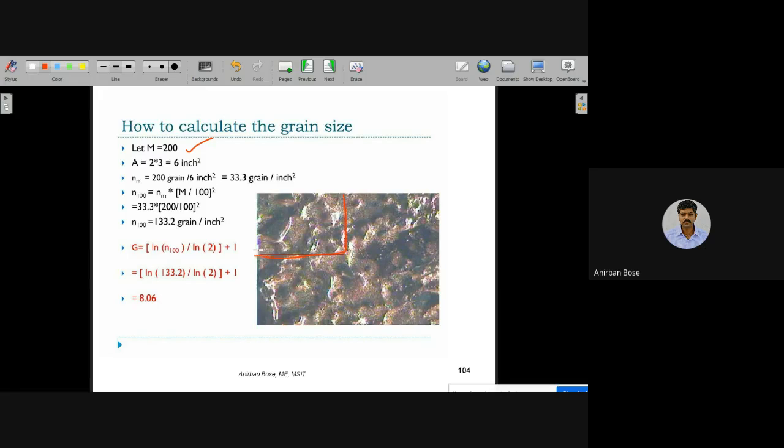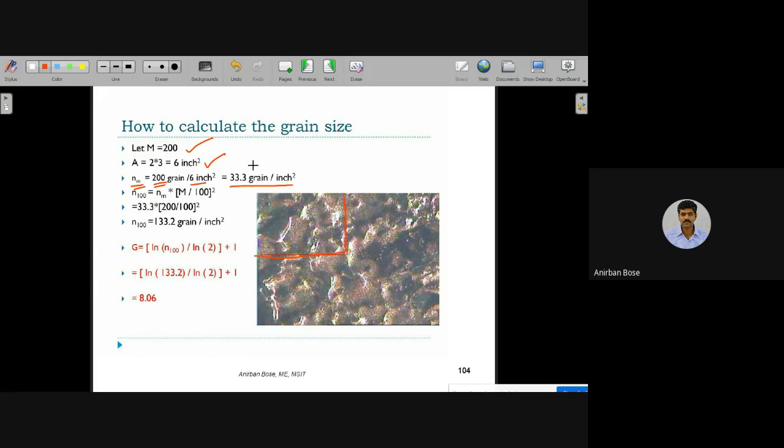Let us consider this area is 6 inch square at 200 magnification. First we find the number of grains at 200 magnification. After counting, you found that there are 200 grains in 6 inch square. So first you have to find what is there in 1 inch square, so simply divide by 6.